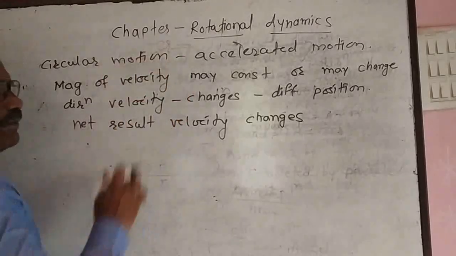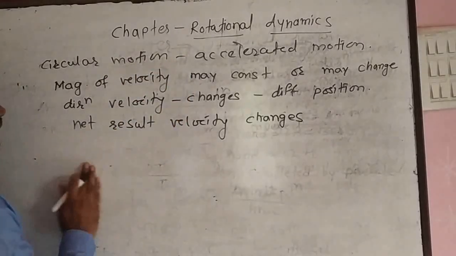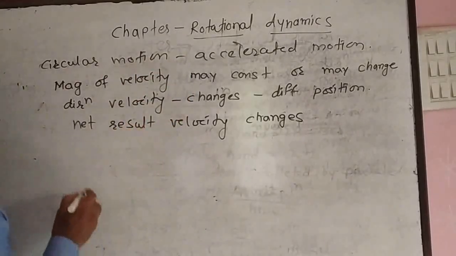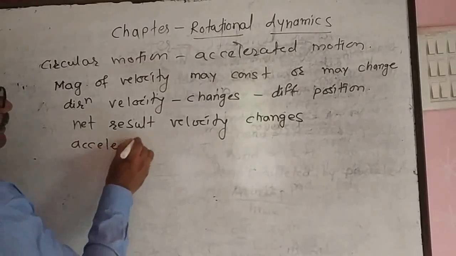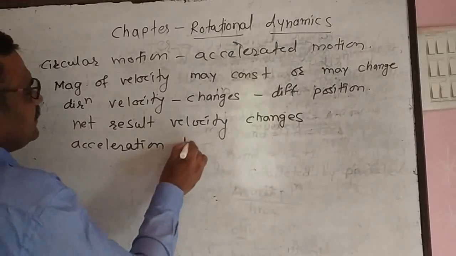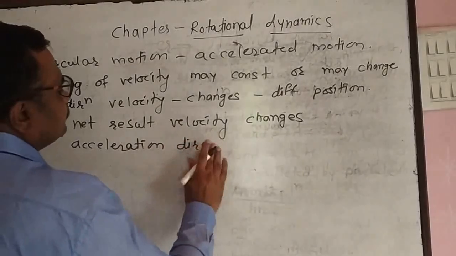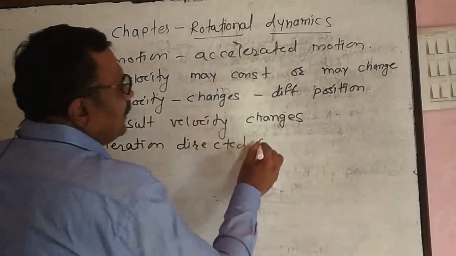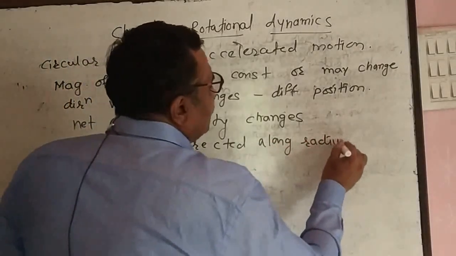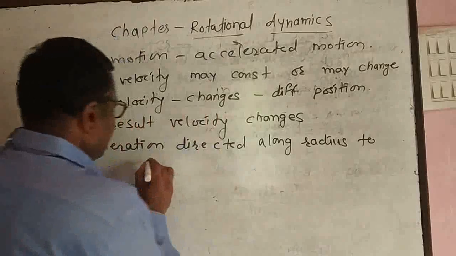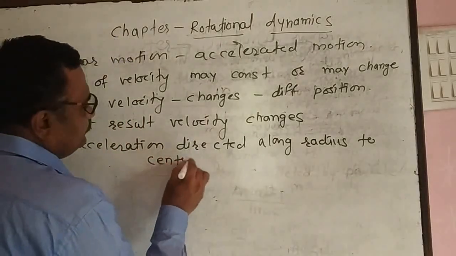When a particle performs circular motion, there is an acceleration of the particle. This acceleration of the particle is directed along the radius and towards the center of the circle.